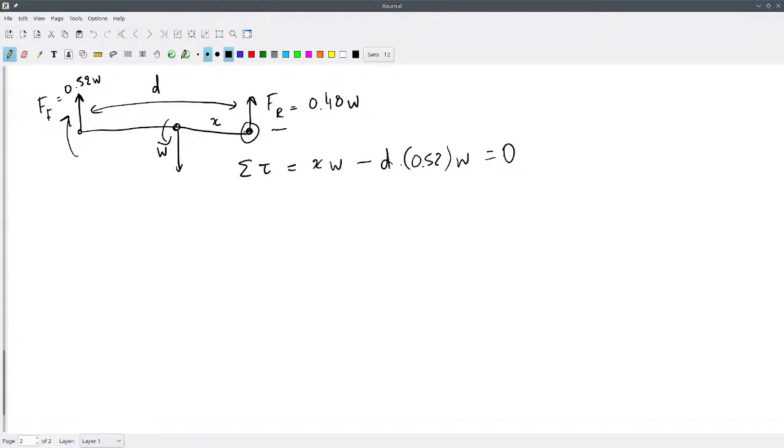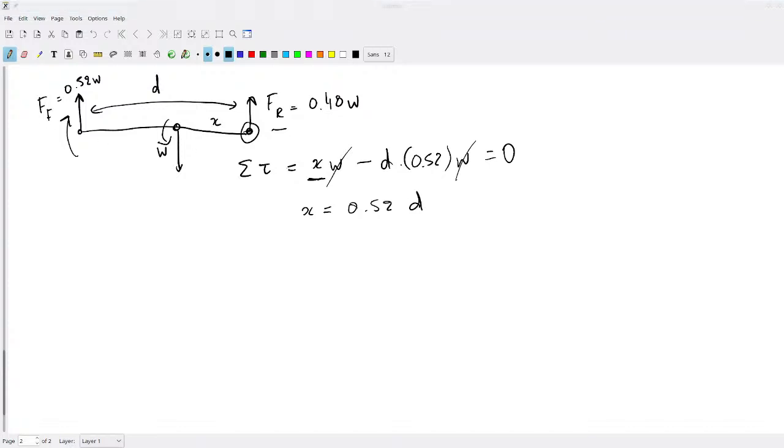So now we can use that to calculate x. It's a fairly trivial calculation. Our weights drop out, and we immediately get that x is 0.52 times the distance.